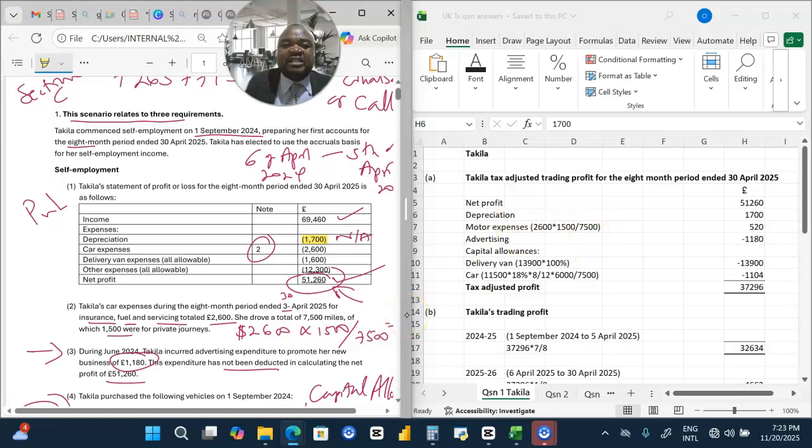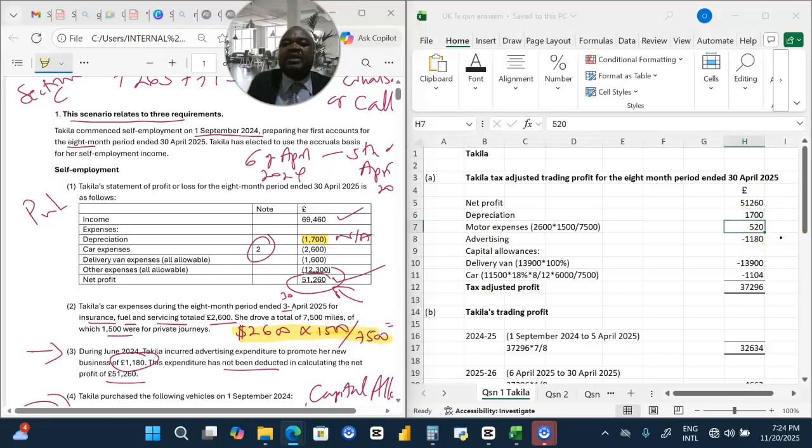As you have seen here, we multiply the 2,600 by 1,500, which was the mileage for private journeys, over the total mileage. Okay, and we determined the 520. That 520 has to be added back.